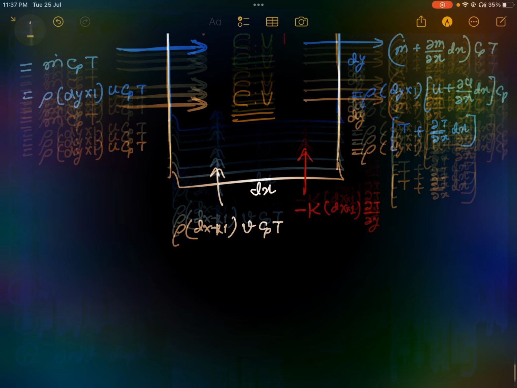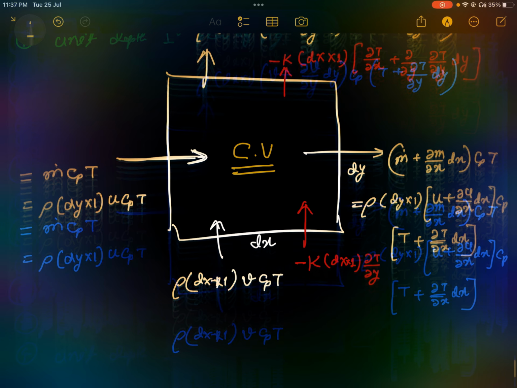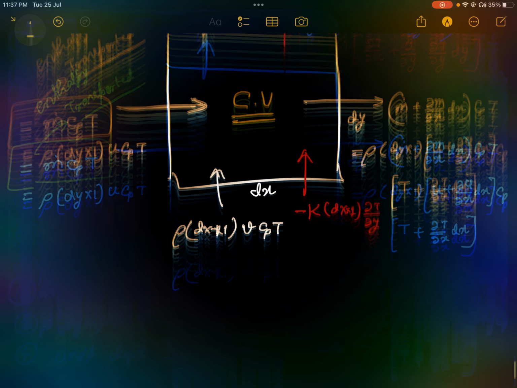So what we can see is that the thermal energy or enthalpy transported or convected by the fluid is written as m dot Cp T. This is the thermal energy transported, or the enthalpy transported or convected by the fluid.